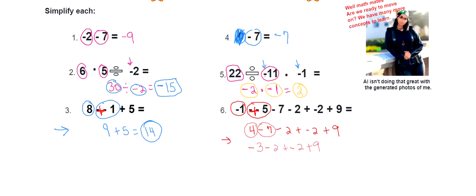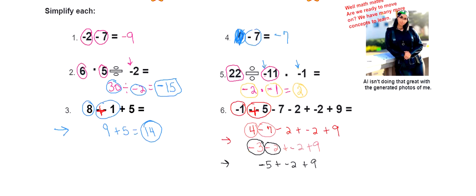Left to right again. -3 and -2. The signs are the same, so add the two numbers. 3 plus 2 is 5. Take the sign down. Then I got plus -2 plus 9. How are we doing? This one's a little different.